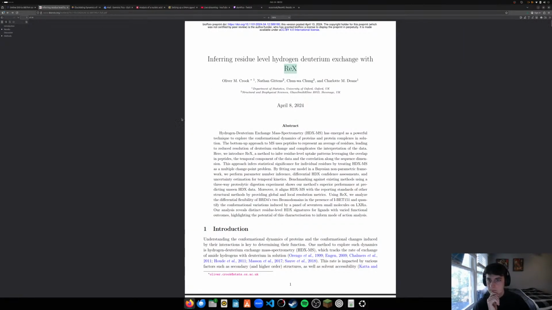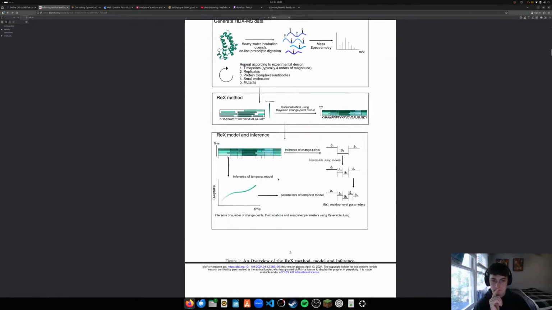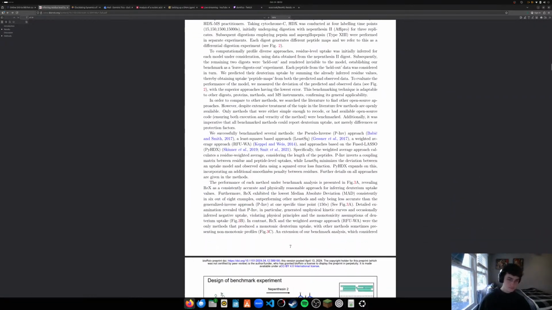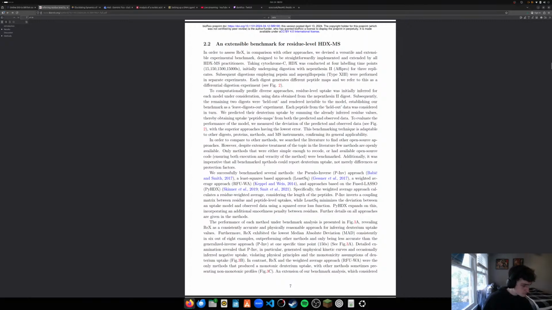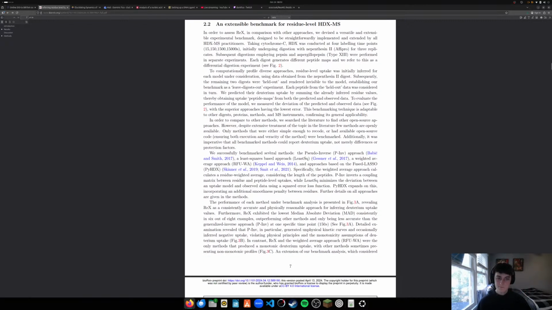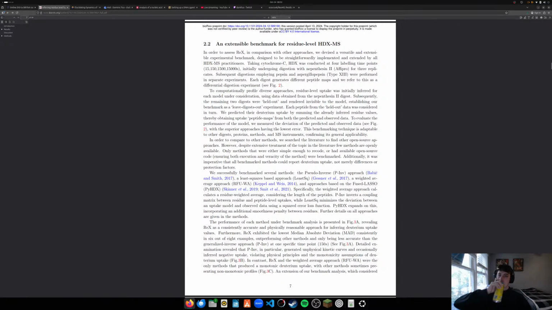Alright, where was I? To computationally profile diverse approaches, residue uptake was initially inferred for each model under consideration using data obtained.